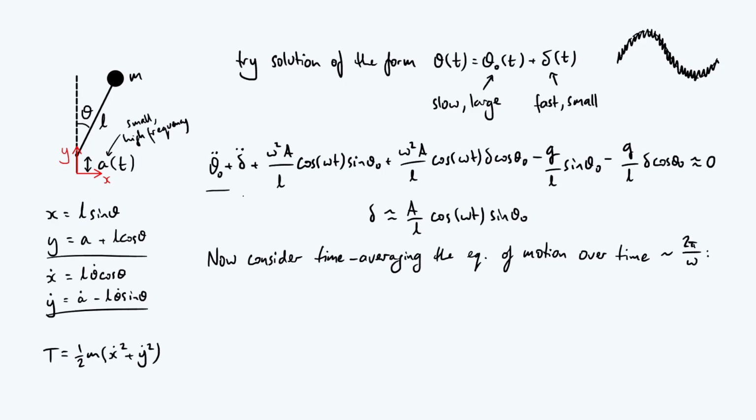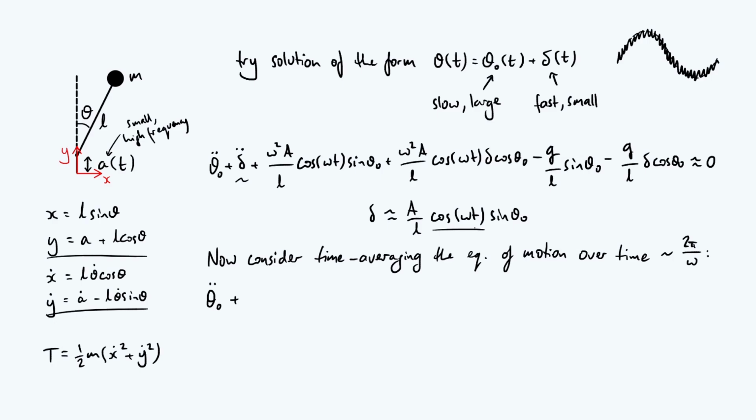The theta naught double dot term, what's going to happen to that? Well, nothing's going to happen to it because it's varying on long time scales. And so if we average it over a very short time, nothing really changes. And so we just keep our theta naught double dot as it is. The delta double dot term, however, is going to just become 0 because delta is varying sinusoidally. It's proportional to cos of omega t.